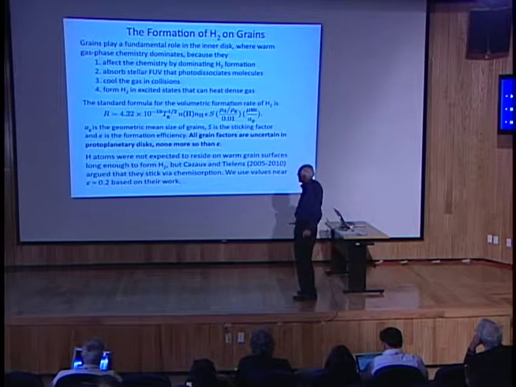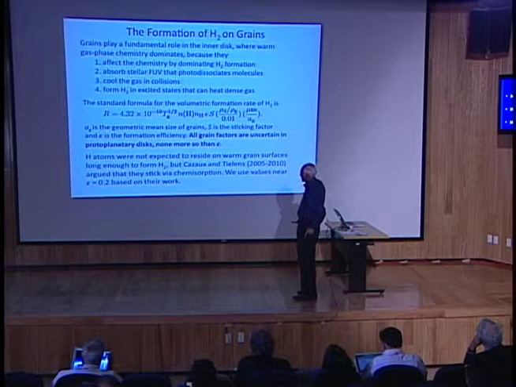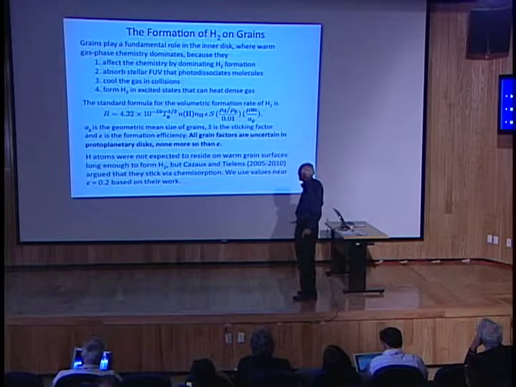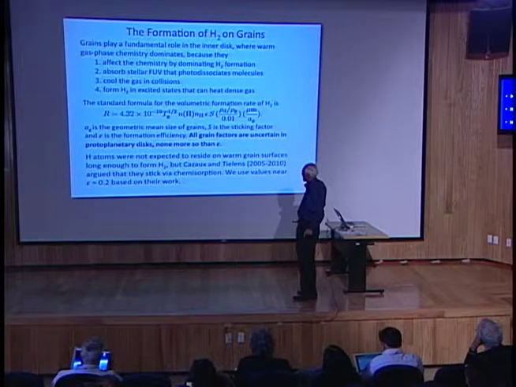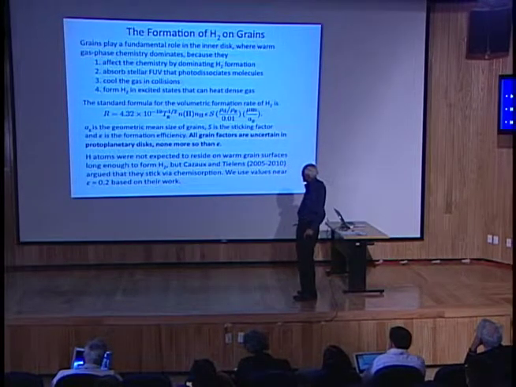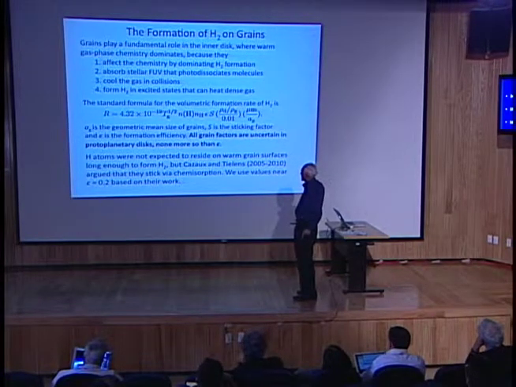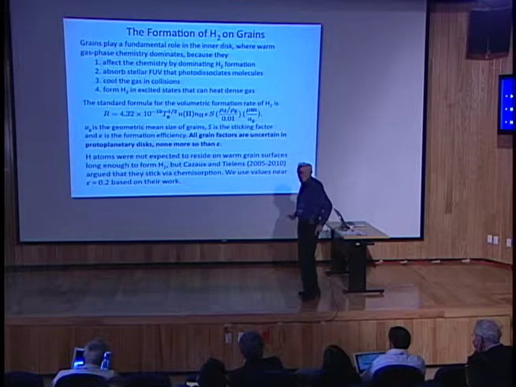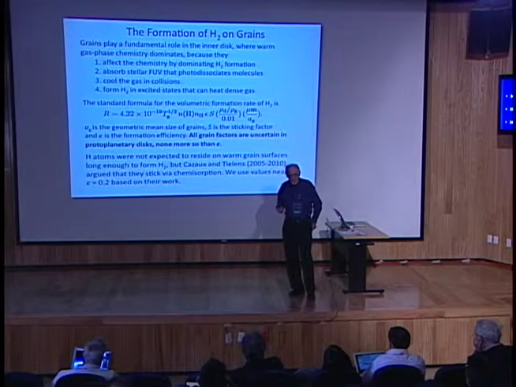What's troubling about this formula is that any of the factors which appear at the end of the formula, which refer to the dust grains, are uncertain. And none is more uncertain than the efficiency of this whole process for protoplanetary disks.